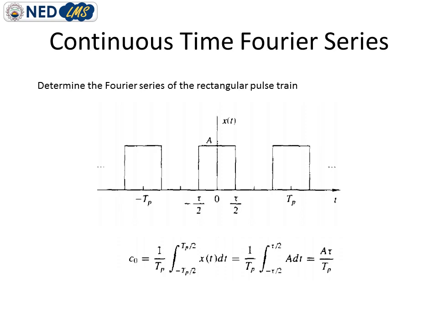So you have this rectangular pulse train, the amplitude is represented by A, the time period is represented by Tp, and the width of the pulse is denoted by minus tau by 2 to tau by 2. So the width of the pulse is actually tau, if you combine minus tau by 2 to tau by 2.